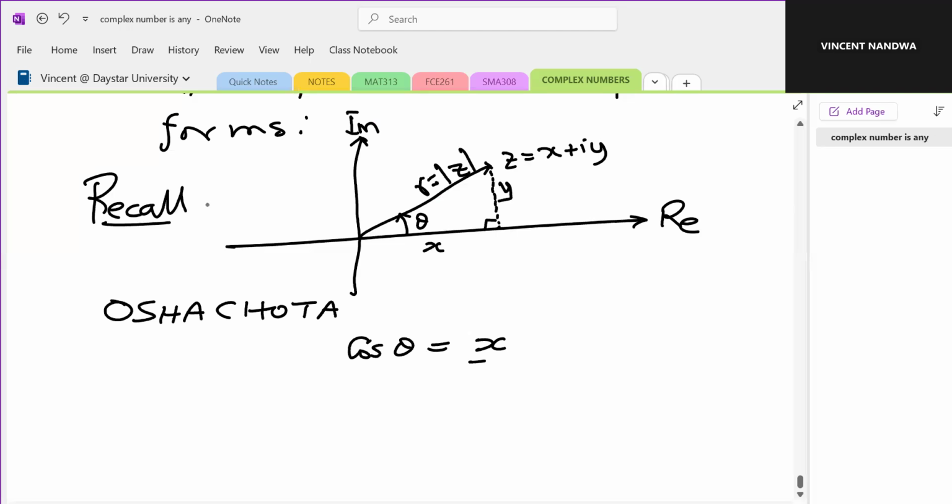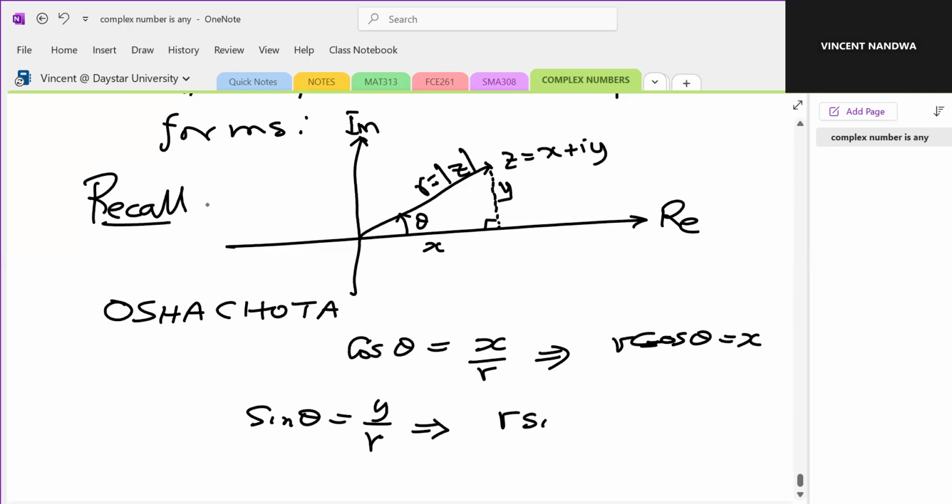So the same as x over r, which means r cos theta is the same as x, when you cross multiply. And then sine theta is the same as opposite, which is y, over hypotenuse, which is r, which means r sine theta is the same as y.